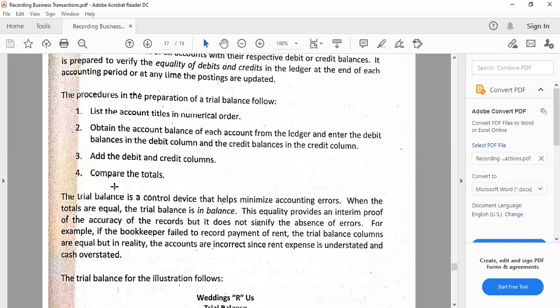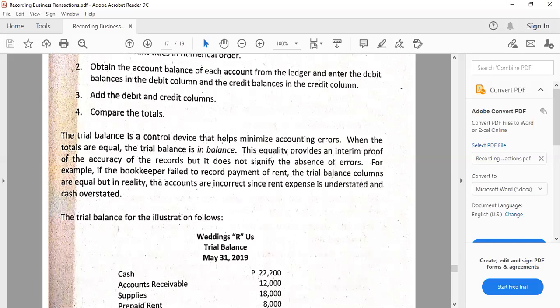Then we also have to add the debit and credit columns so that we will be able to compare the totals if they are equal. All right, so if they're not equal, meaning to say there were some errors encountered along the way, and we will have to check them exhaustively later on. Now, the trial balance is a control device that helps minimize accounting errors.